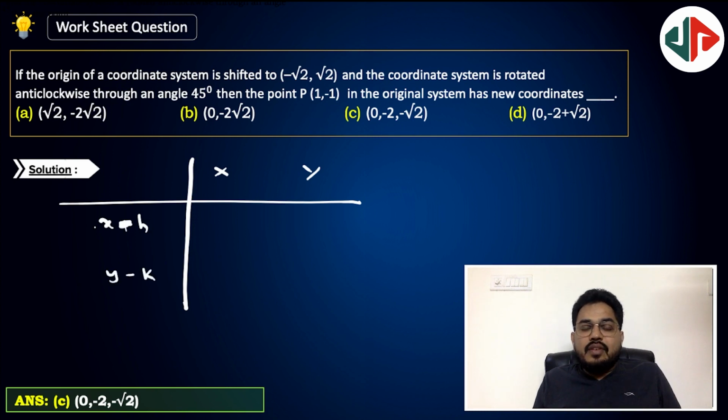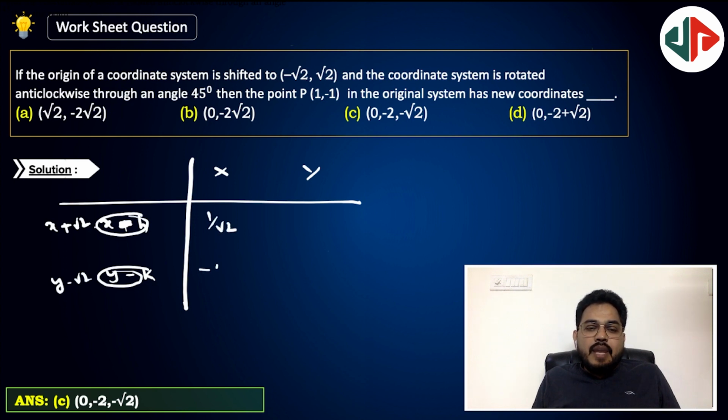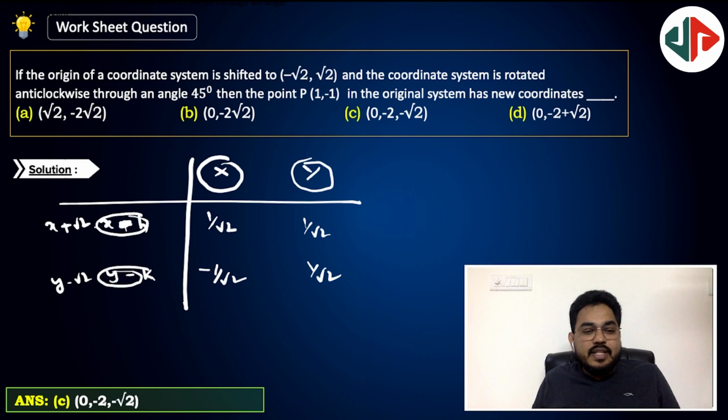So theta is equal to 45 degrees. You can go ahead with this one. So here, what happened? This is small x minus of minus root 2, and this one is y minus root 2. Cos theta is 1 by root 2, minus 1 by root 2, 1 by root 2 and 1 by root 2. So the original coordinates we can find.